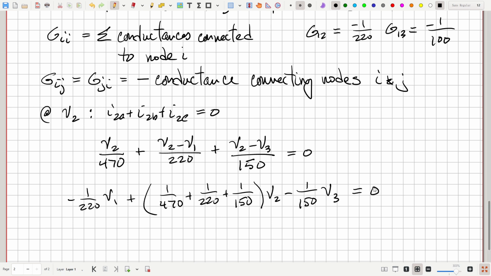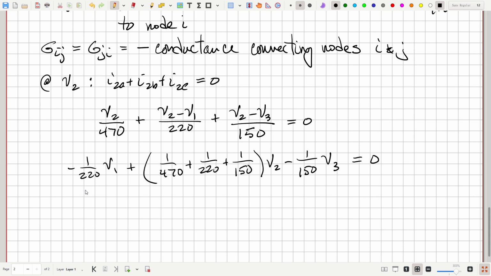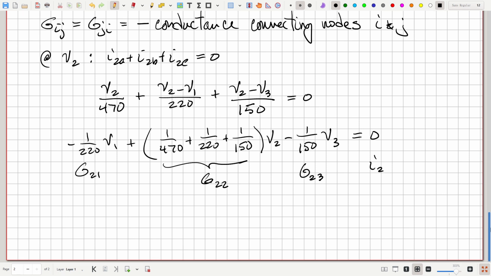And there are no constants, so nothing to go on the right side. Again, we'll call this G21. This will be G22. And this will be G23. And this will be I2, which is equal to 0. Okay, so that's our second equation.